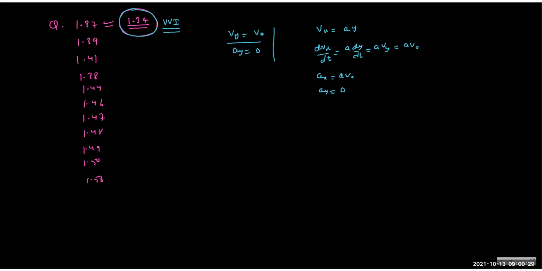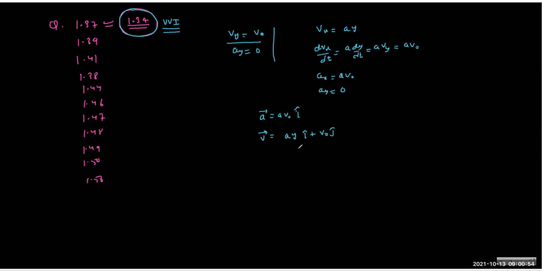So now in vector form we can write the a vector as a v naught i cap, and the v vector as a y i cap plus v naught j cap. So as a function of y, we can write it like this.